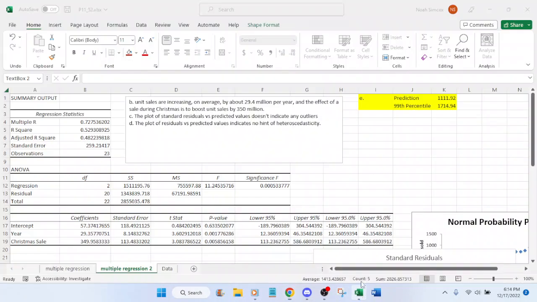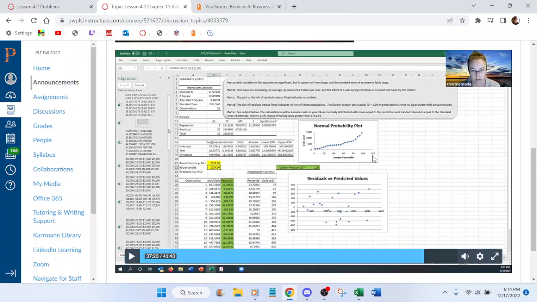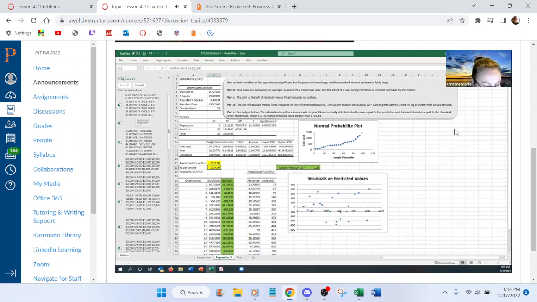Now we need to do the other thing. This is the last thing we need to do. Outliers. Is homoscedasticity, heteroscedasticity, or autocorrelation with residuals a problem? Looking at the normal probability plot, it's a little bit squiggly.